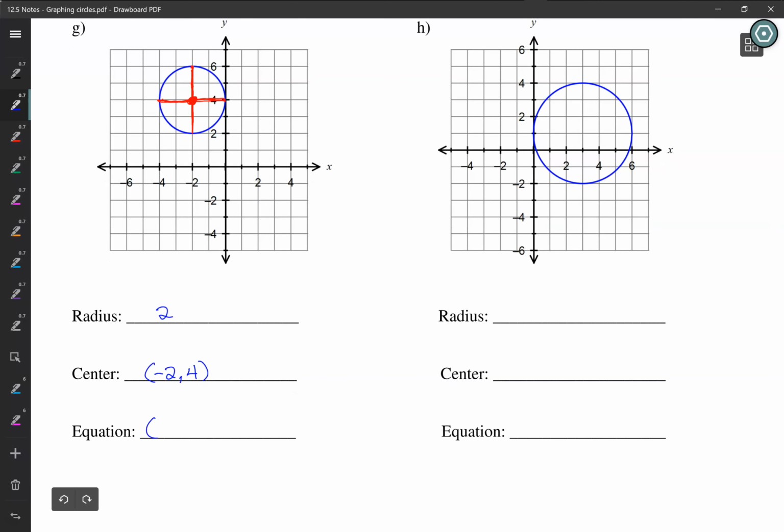So we have x, opposite of -2 is +2 squared, plus y, opposite of 4 is -4 squared, equals r squared, 2 squared. So x plus 2 squared plus y minus 4 squared equals 2 squared, which is 4.